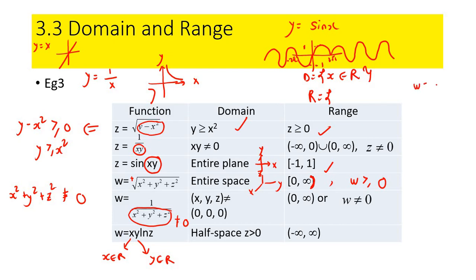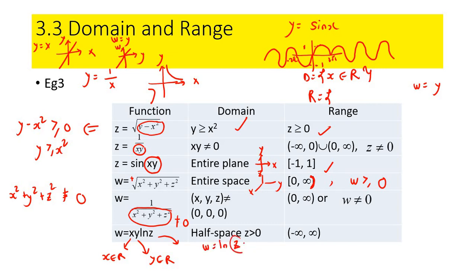When you break w equal to y, it's similar to y equal to x: horizontal is x, vertical is y. If you put w equal to y, when you plot the graph, y becomes horizontal, w becomes vertical. So it's a similar graph, only changing the variable. So if y equal to x, the range is a real number, and w equal to y, y is also a real number. And then now you focus on w equal to ln z.